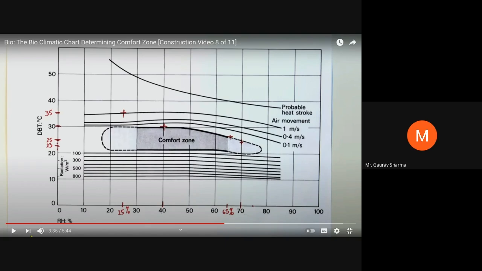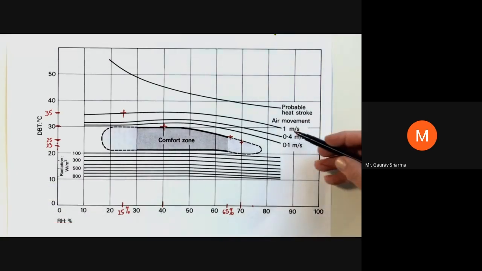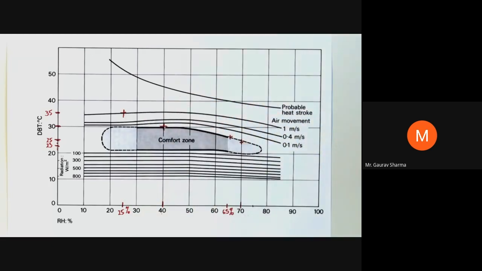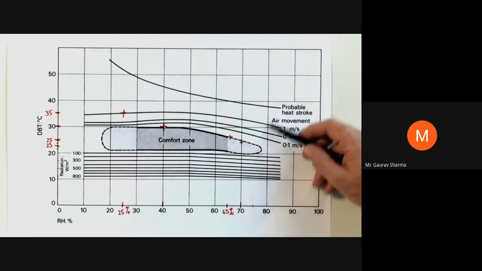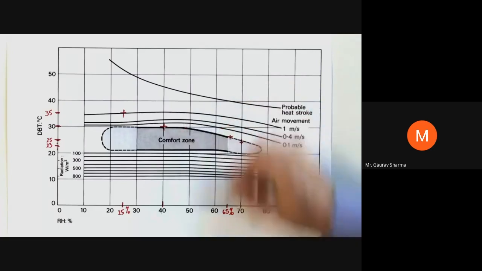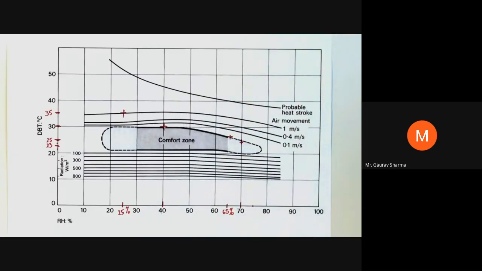It tells us how we can achieve a comfortable condition. By introducing air movement, we can pull the temperature down to a comfortable temperature, the comfort zone.